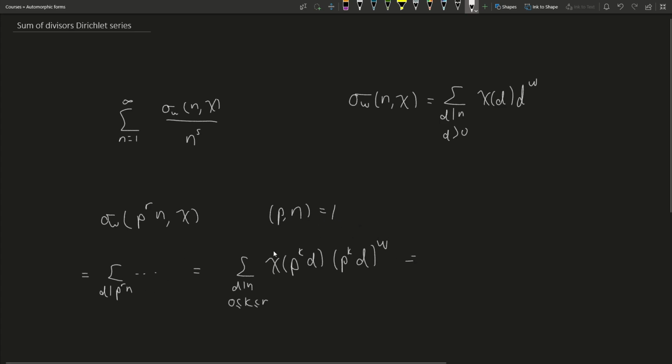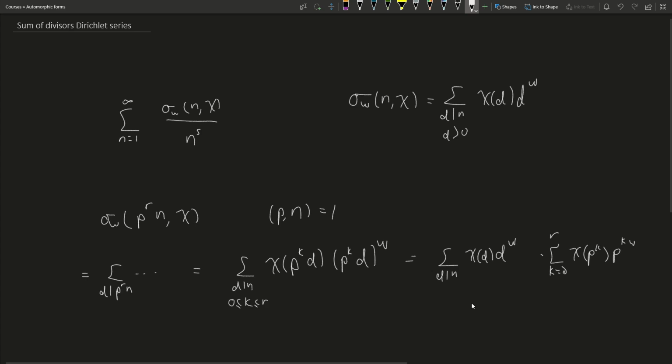And then you can see just multiplying out that this is exactly equal to the sum d divides n of chi d to the w times the sum k goes from 0 to r of chi p to the k p to the kw, and this is of course the sum over the divisors of p to the r, right?